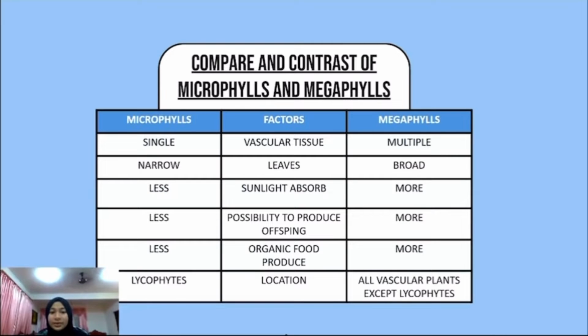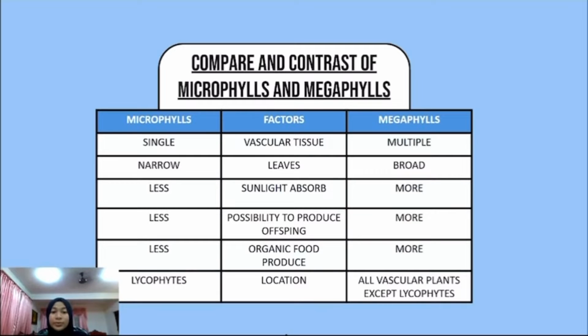For the first factor, which is vascular tissue, microphyll has a single strand of vascular tissue, meanwhile megaphyll has multiple strands of vascular tissue bundle. Microphyll has narrow leaves, while megaphyll has broad leaves. Microphyll absorbs less sunlight than megaphyll.